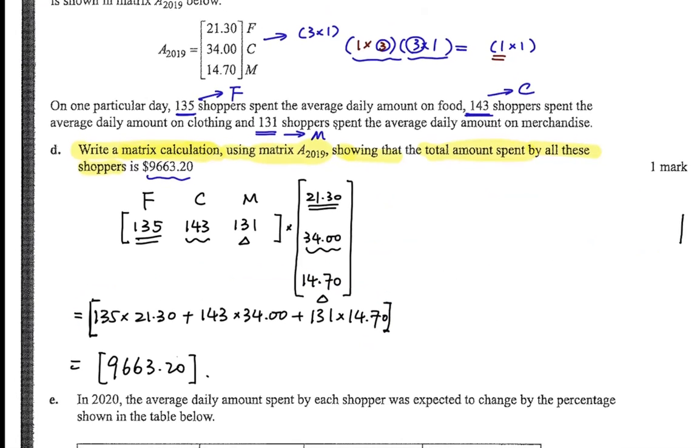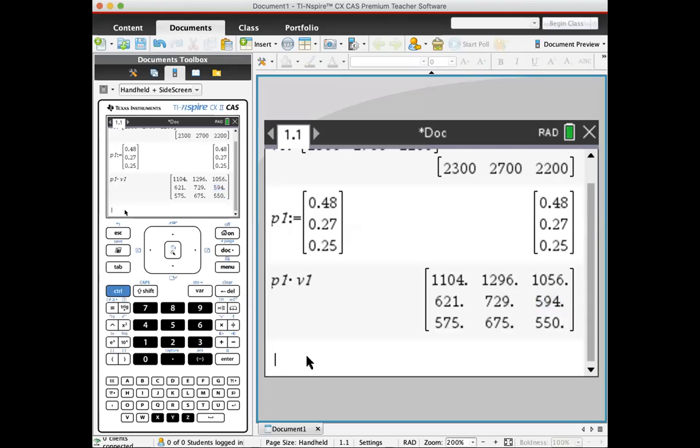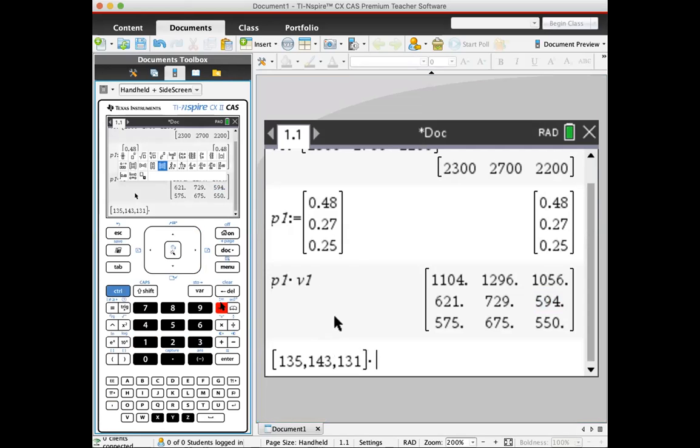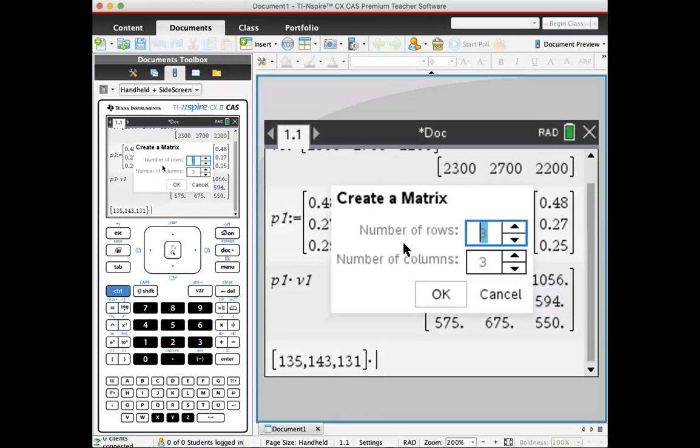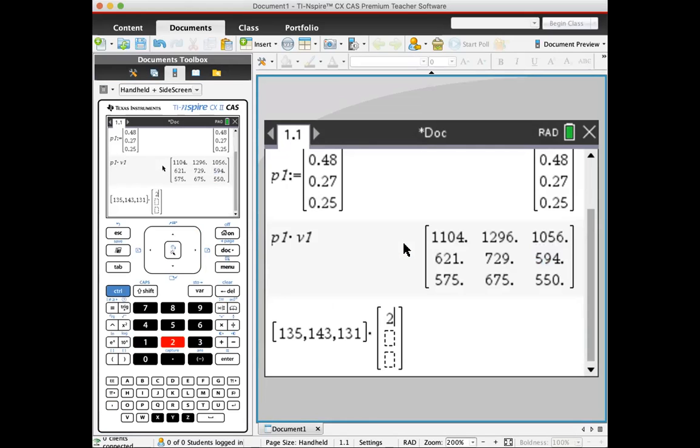Right, so let's have a look. 135, 143, 131 multiplied with another 3 by 1 matrix: 21.30, 34, and 14.70.